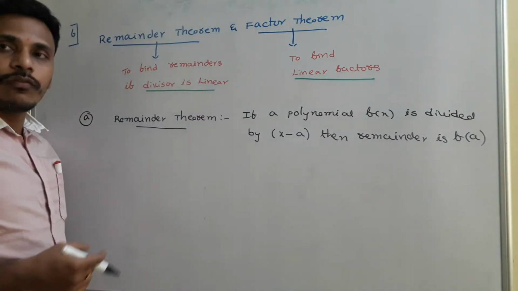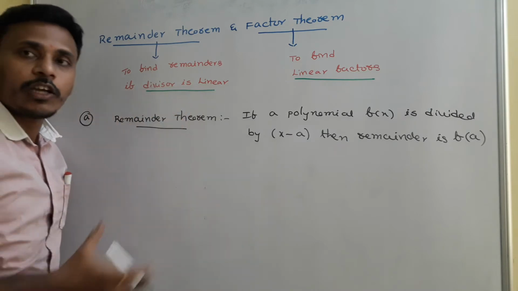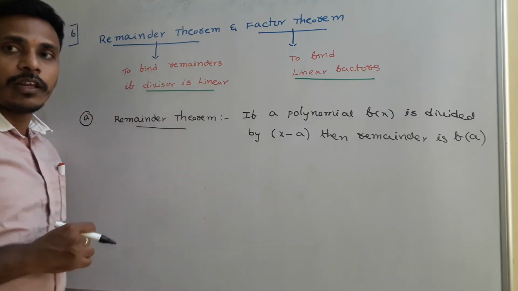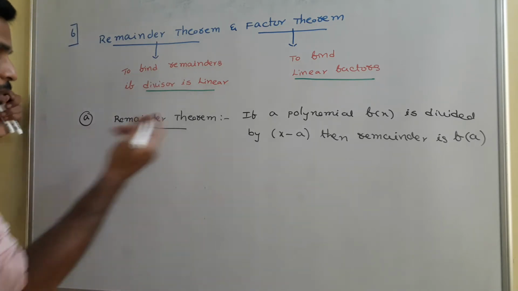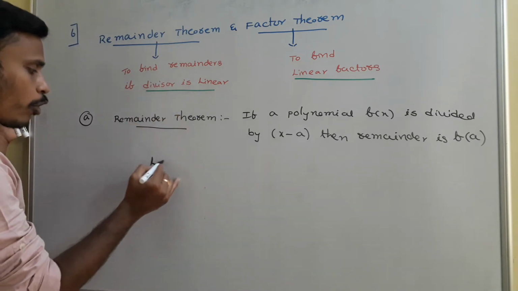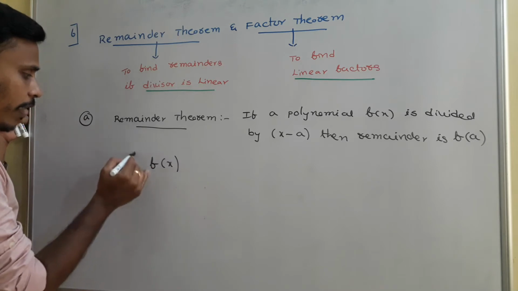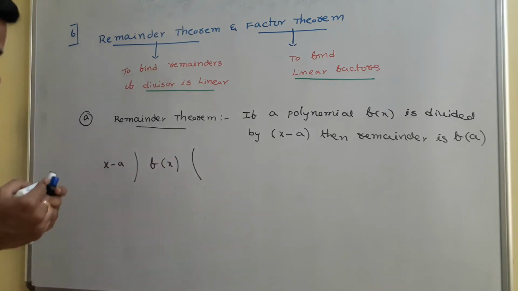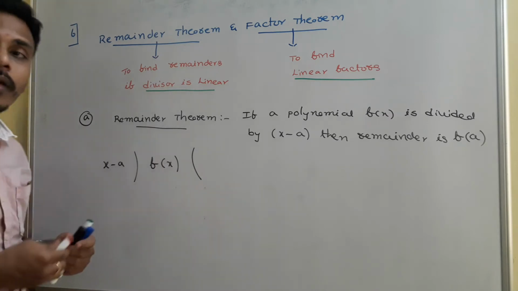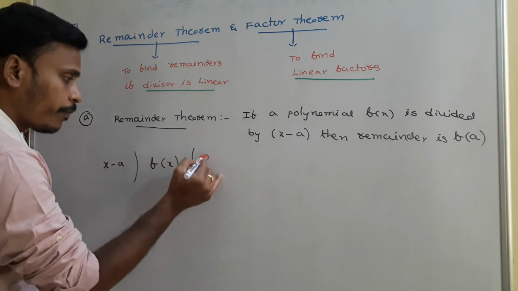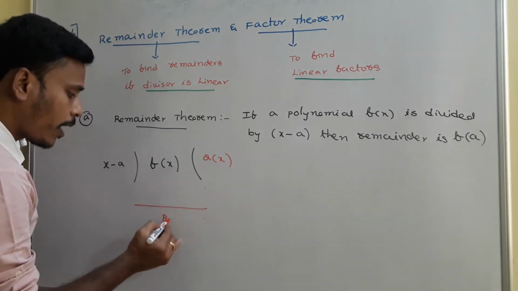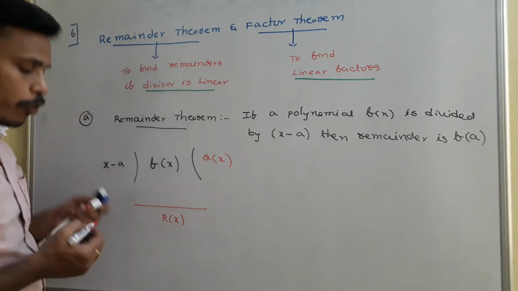So without going through the actual division, directly f of a is the remainder. That is just the statement of the remainder theorem. If I divide the polynomial f of x by x minus a, I don't know the quotient polynomial or the remainder polynomial. Suppose we take q of x as the quotient polynomial and r of x as the remainder polynomial.